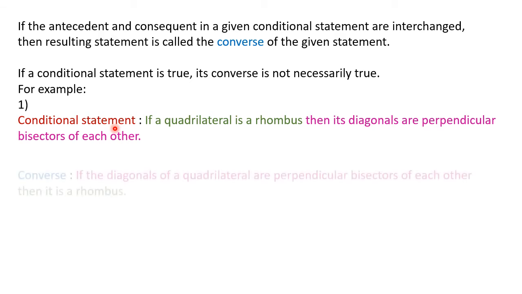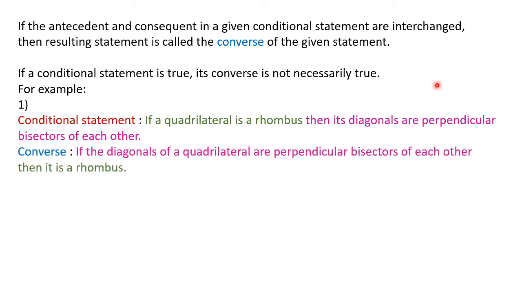What will be its converse? Let us see. Its converse will be, so this then part, the pink part which is there, it will come to the if part, and this green part will go in the then part. We interchange, right? For converse we interchange. So let us see. If the diagonals of the quadrilateral are perpendicular bisectors of each other, then it is a rhombus.